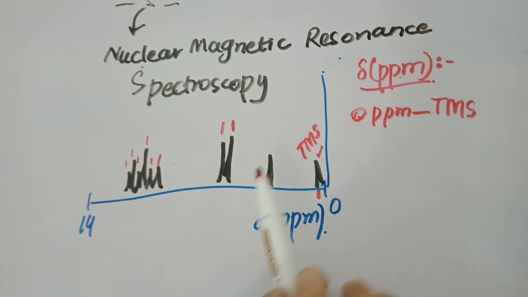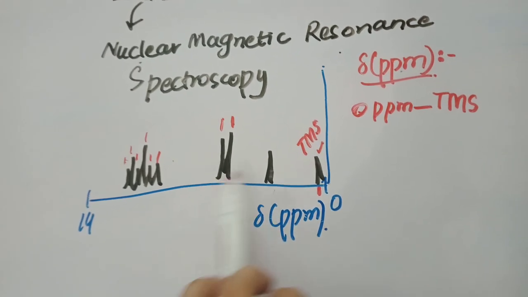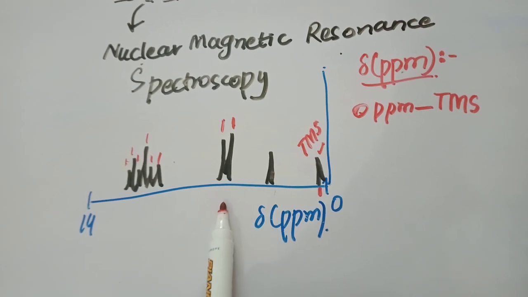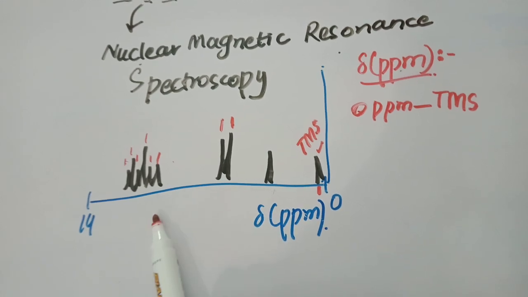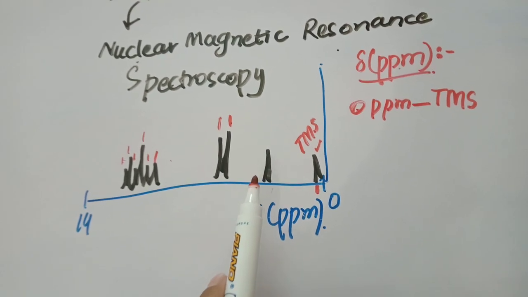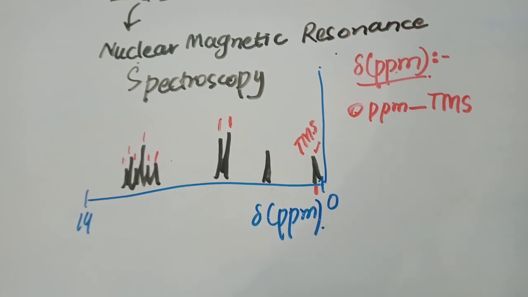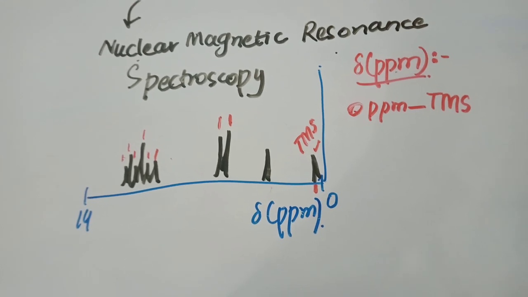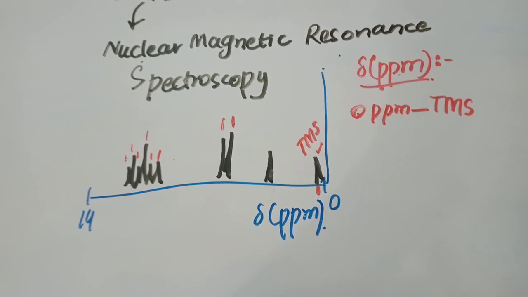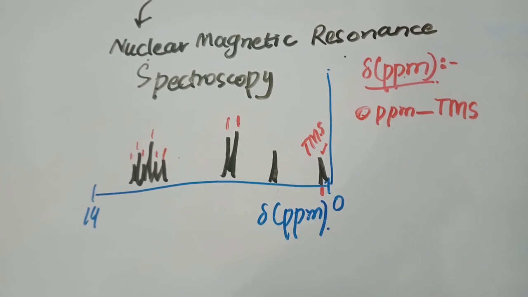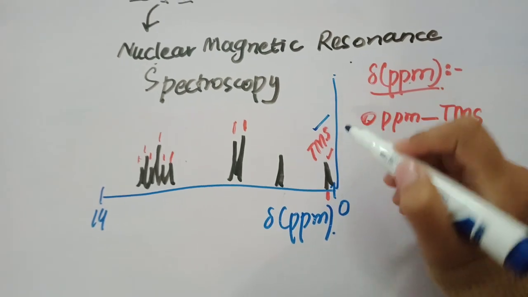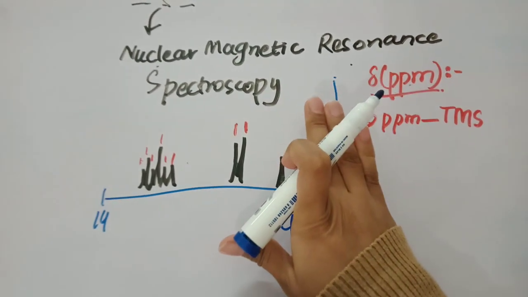Then we'll move towards the next points. We'll see at which ppm which peak is coming and what the peak predicts for us. The second thing I want to clear is that the first peak you have to neglect is at 0 ppm, because it is not of your use.